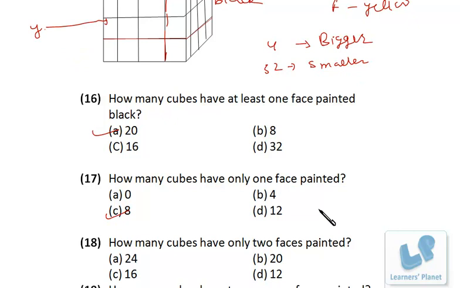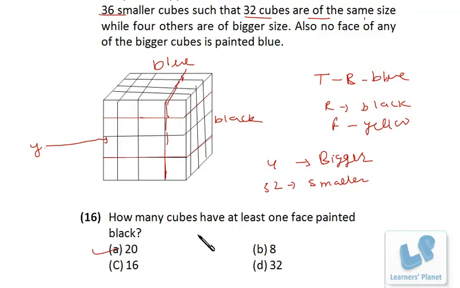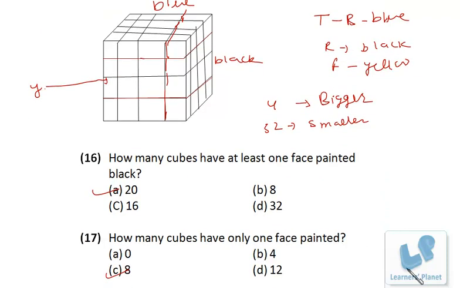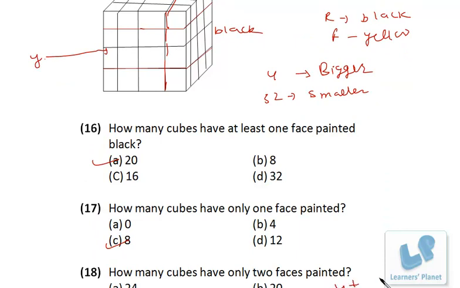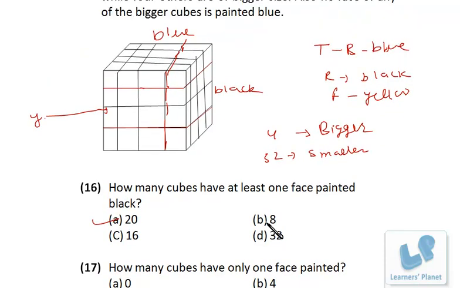Okay, now that one. How many cubes have only 2 faces painted? Okay, let's see. So 2 faces, all the 4, the 4 bigger ones. So that's 4 plus in smaller, at each edge 2 pieces are there. So 4 edges from the top layer. So 4 into 2, 8, and 8 from the bottom layer, right?